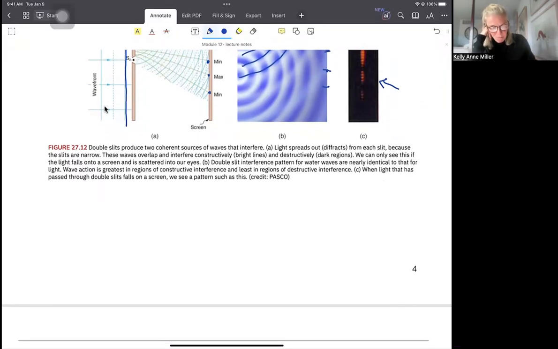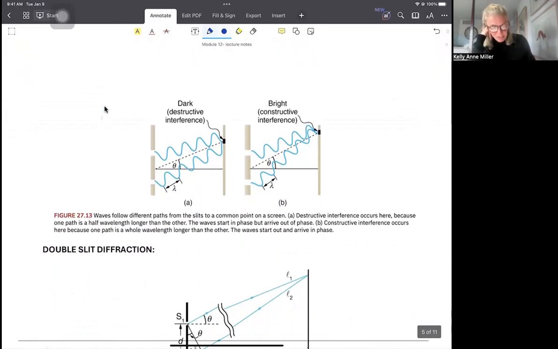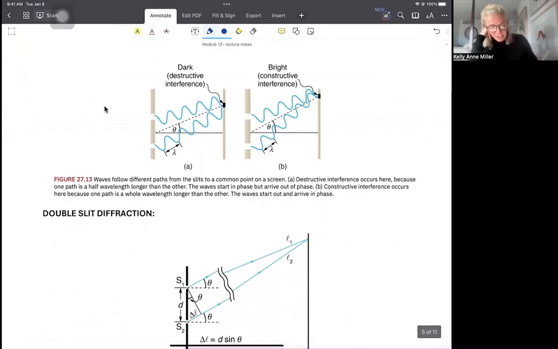We'll look at the math behind that in a second, but this is basically what I just said. Here you've got the two slits, the waves going through them, and then when they hit this screen, they may be out of phase.